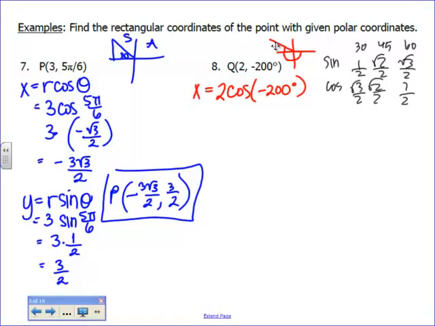It's going to be in that second quadrant, but this time with a 20-degree reference angle. That is not one of our special right triangles. So instead of being able to do this with my exact answers, I'm going to have to use my calculator since negative 200 isn't on the unit circle.